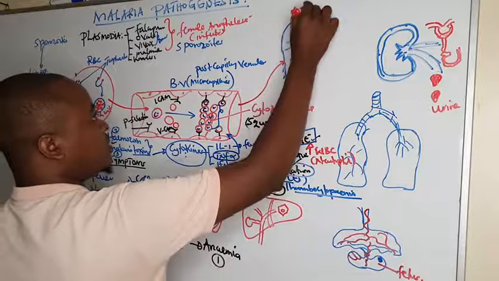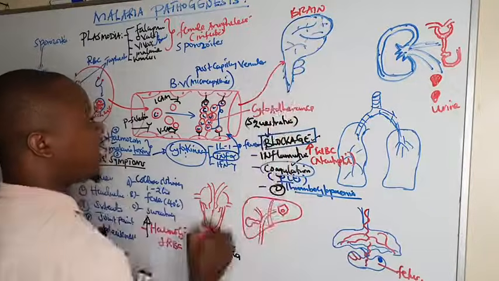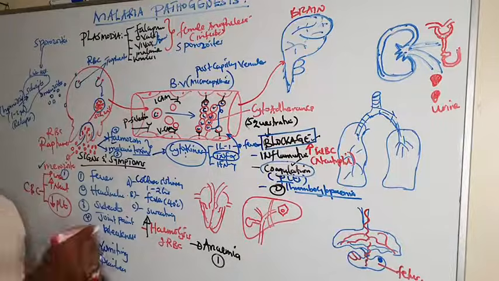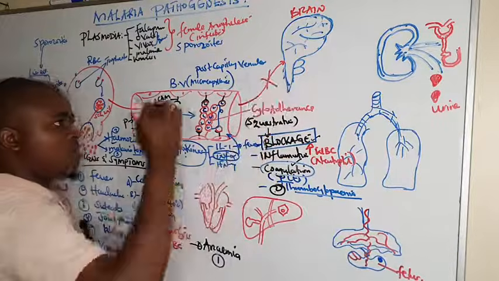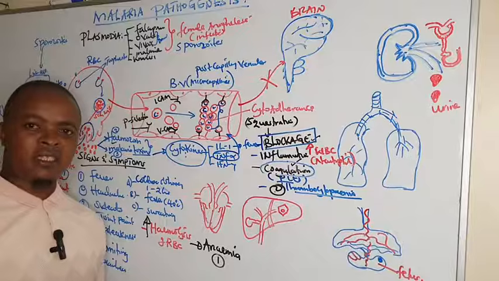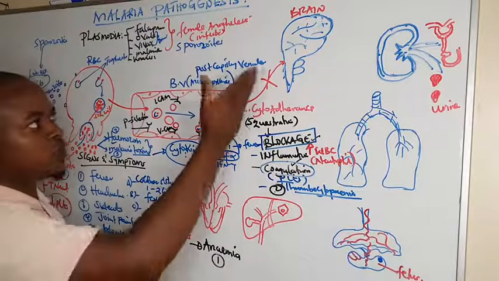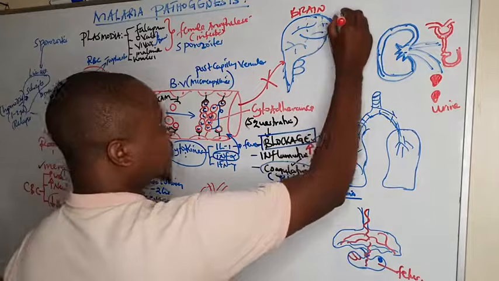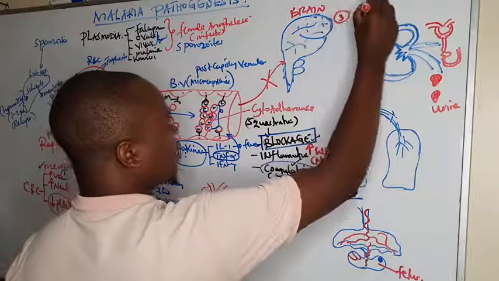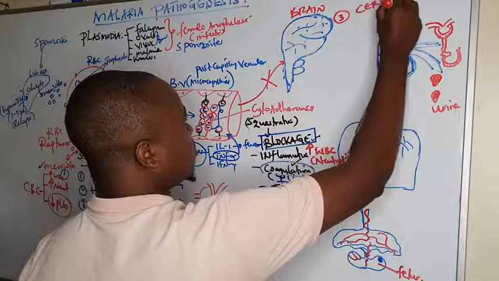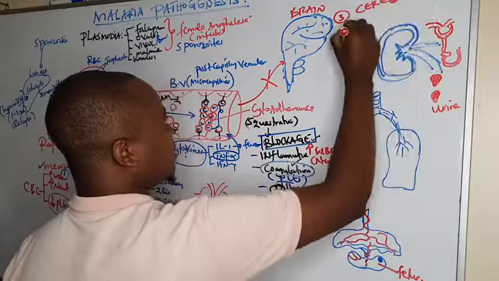If this is the brain, and this small blood vessel is blocked by the adhered RBCs which are infected with malaria, it is going to lead to what we call cerebral malaria. So complication number 3 becomes cerebral malaria.